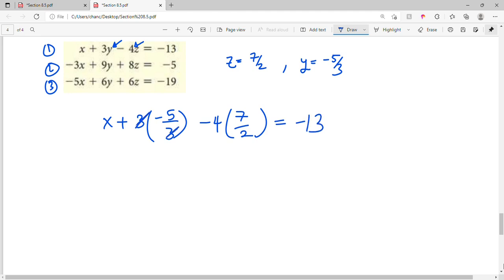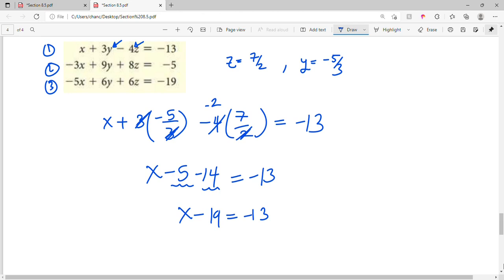Let's reduce, and you can see this simplifies to x minus 5 minus 14 equals negative 13. And so let's collect like terms. X minus 19 equals negative 13. We can add 19 to both sides. X equals 6. That's a good answer.